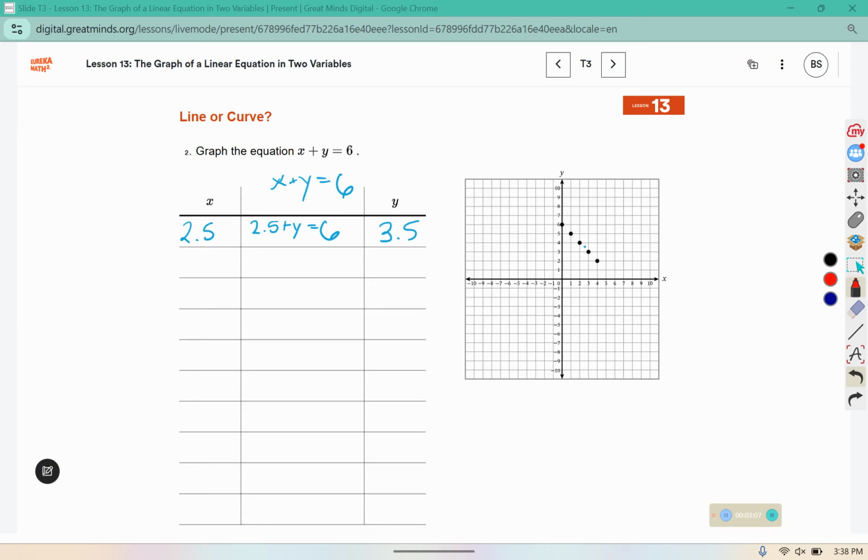We could do 1.5, or 1.5 plus 4.5 would give us 6. We could do 0.5, and 5.5 plus 0.5 would give us 6.